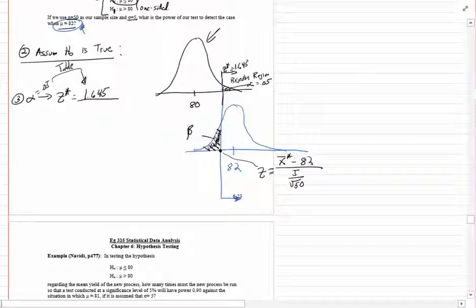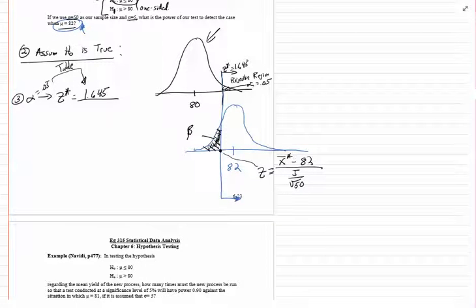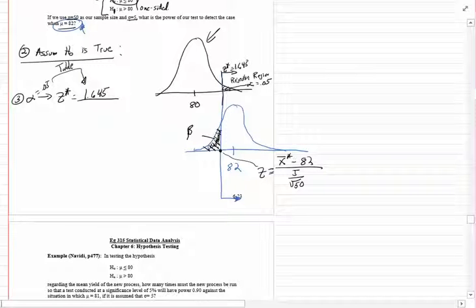We still don't know that x bar star, but we can get it. So z star equals x bar star minus 80 over 5 over the square root of 50. It's the same x bar star at the top and the bottom, right?